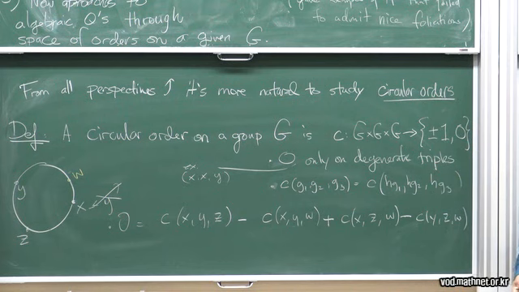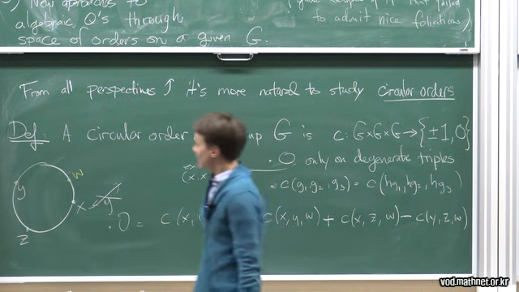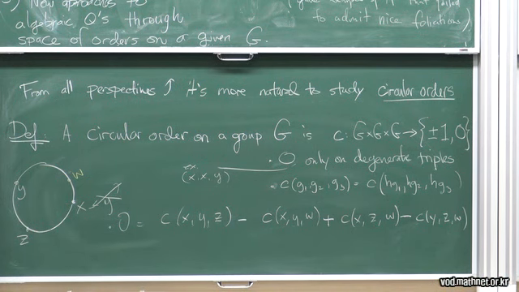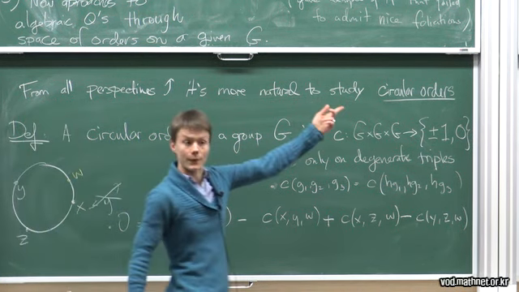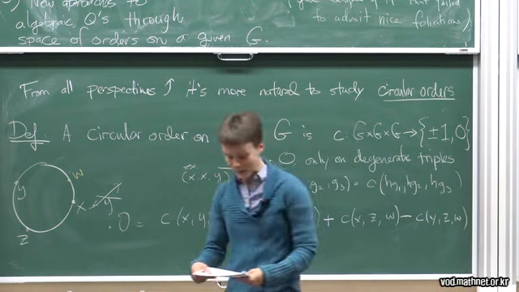So understanding the difference between circular orders and group cohomology is actually a subtle and interesting question. But actually, in particular, if you know something like your group has no second cohomology, then you can conclude that all circular orders happen to be linear orders. So there are things you can do.